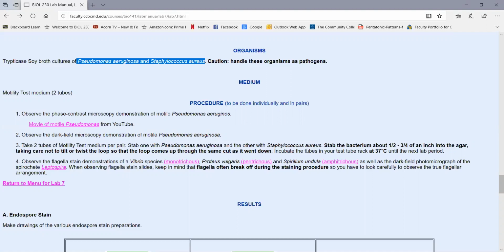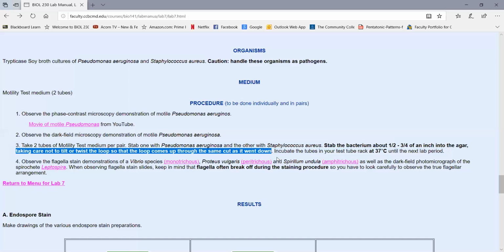Now, when you stab the tubes today, you're only going to stab the bacterium about 1/2 to 3/4 of an inch into the agar. And it's very important that when you stab the agar, you take care not to tilt or twist the loop so the loop comes up through the same cut as it went down. We want to get a nice straight line down, a nice straight line up, because any place you cut into the agar or any place you twist the loop, the bacteria are going to grow.